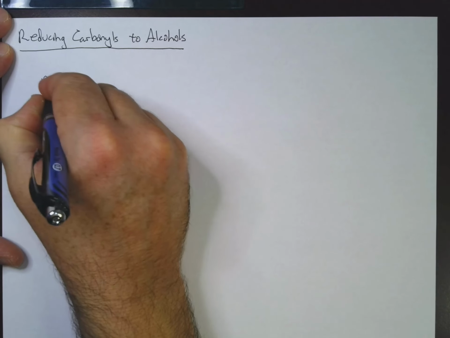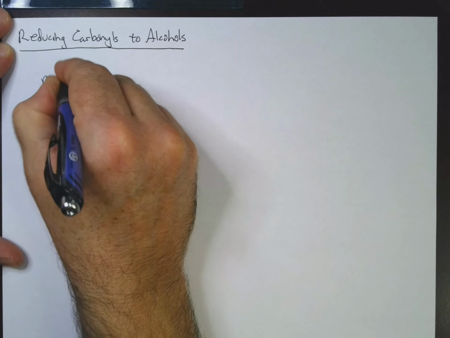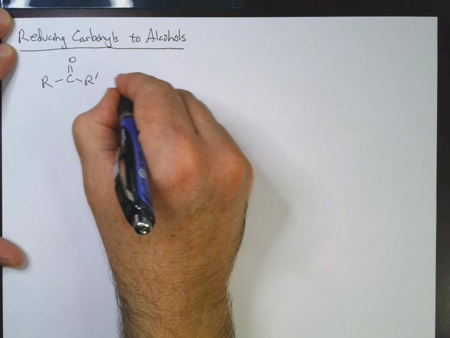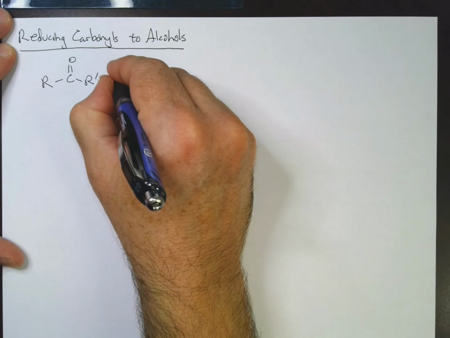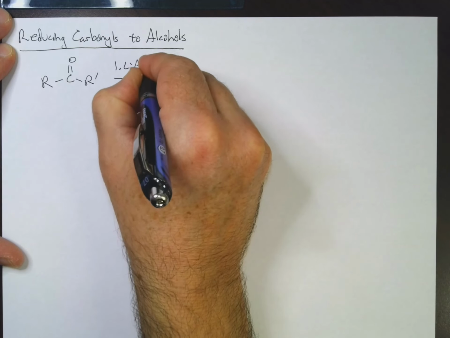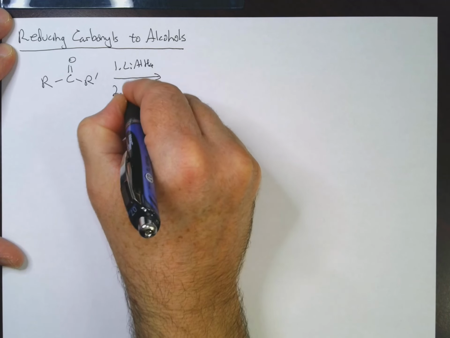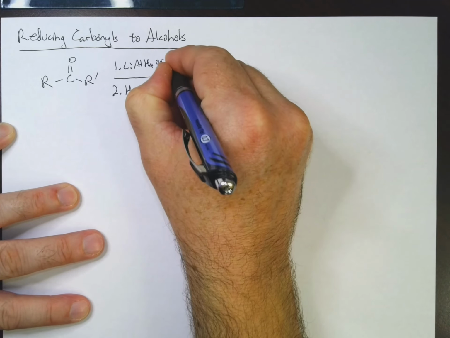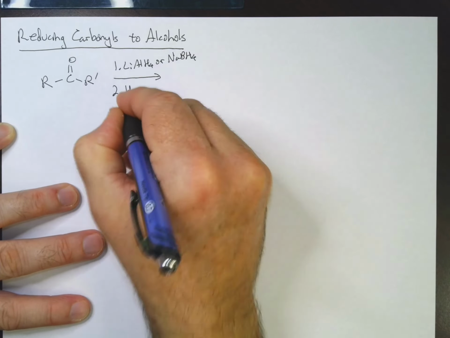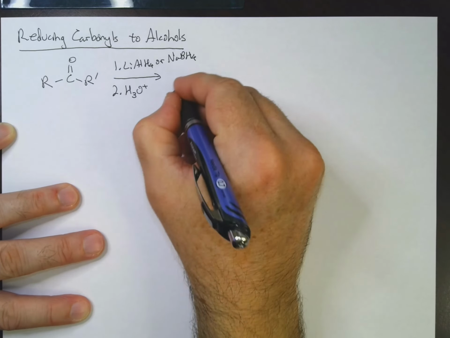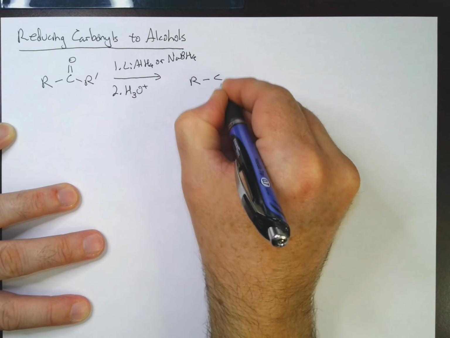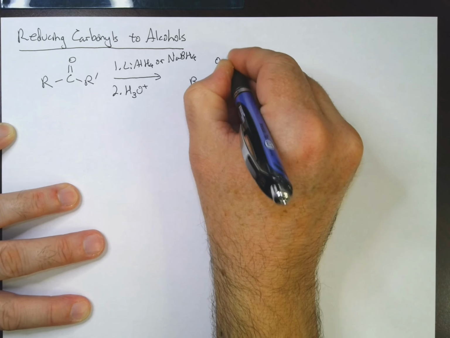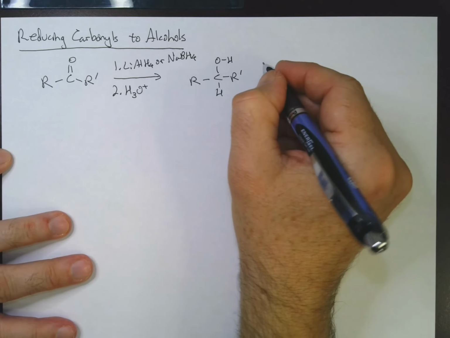We can take a ketone and use something like LiAlH4, or we could actually use NaBH4, and then water or H3O plus, and we'll get RCHOHR prime.